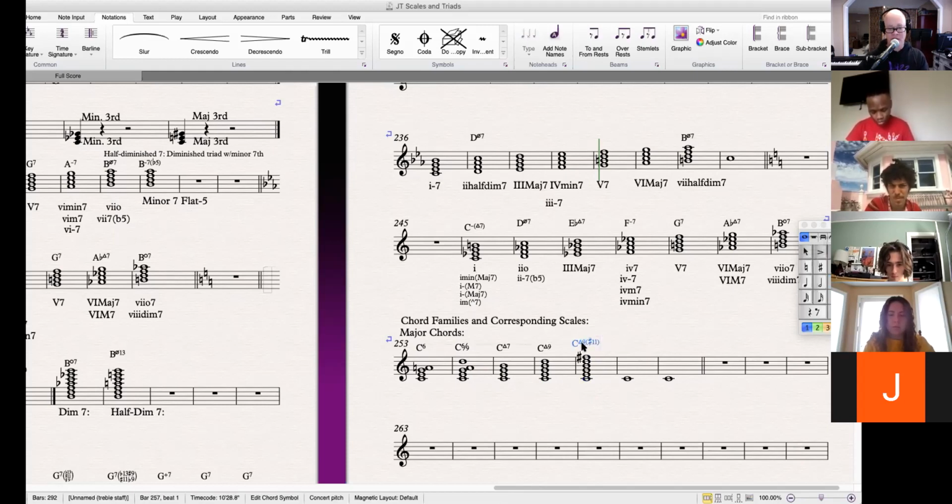So I wrote this as C major 9 sharp 11. This is a chord we talked about yesterday. When we labeled it yesterday, we labeled it C major 7 sharp 11.